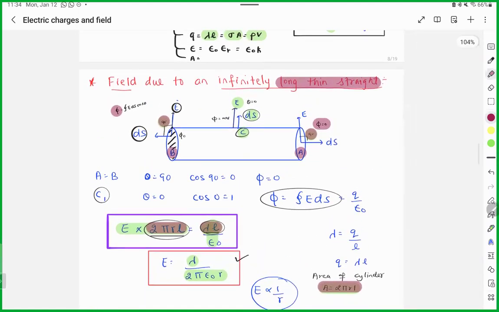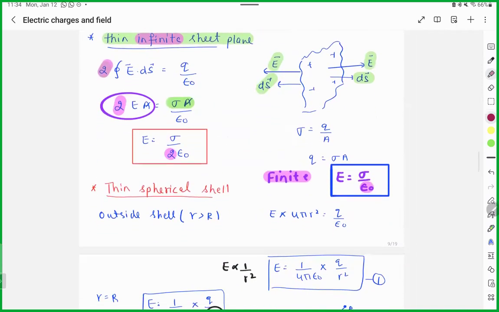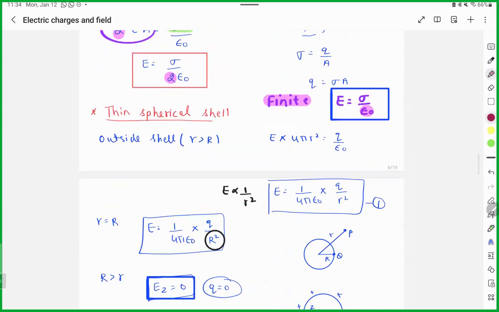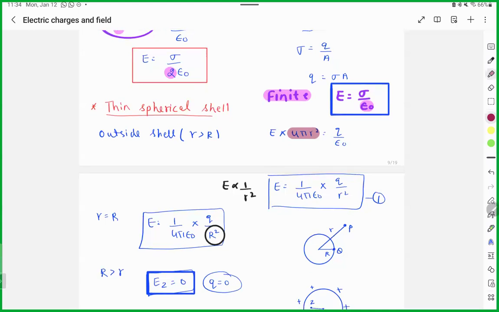Now you can feel the key whatever I said last year. You need to focus on 3 things: charge, permittivity, and area. Here area is 2 pi RL and charge is lambda into L. And as simple as that. Thin spherical shell. This is too easy to do. Outside, you know, area will be 4 pi r square. Charge is the same thing.